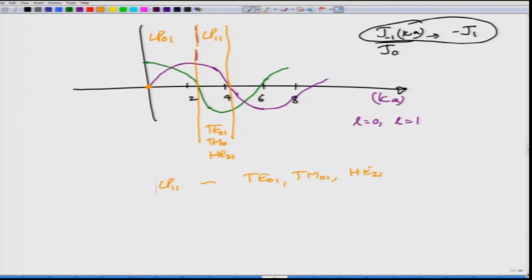Of course, next time when the Bessel function J1 goes through 0, you will have LP02. So, this is the solution, and at that point you are looking at LP11. So, this is J0, right, and this is J1, and this should be 1 less than that. So, the LP11 mode is the one which is the TE01, TM01 or HE21 combination, and if you look at how this would look like, it would look something like this.